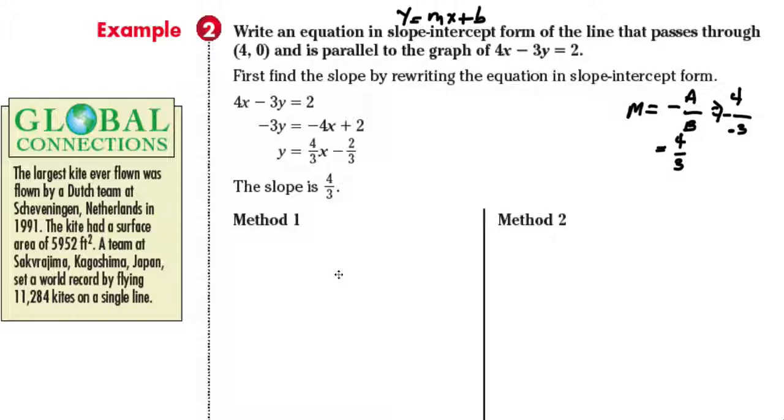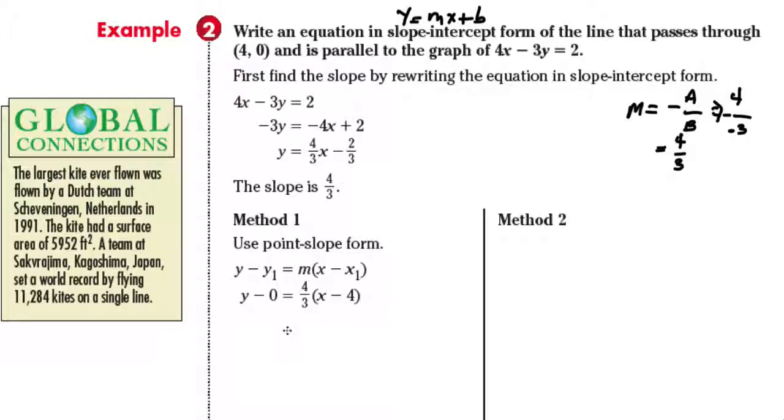In method 1, we are going to use the point-slope form. So again, this is the point-slope form, and we want to substitute this point right here for x and y, 4 and 0. So we substitute 4 and 0 for x and y, and we end up with y minus 0 equals 4/3 times (x minus 4).